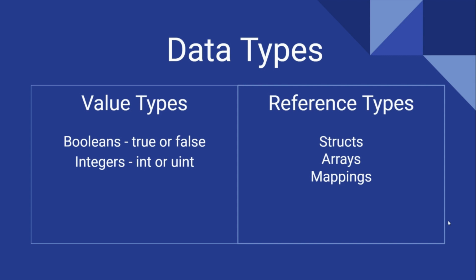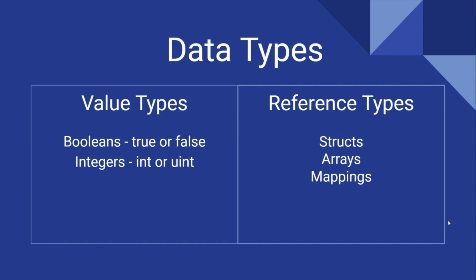Integers, these represent numbers. So an integer or a uint, which stands for unsigned integer, is any number from 0 all the way to infinity. But in the case of Solidity, there is no infinity. The number actually stops at 2 to the 256 minus 1 power.